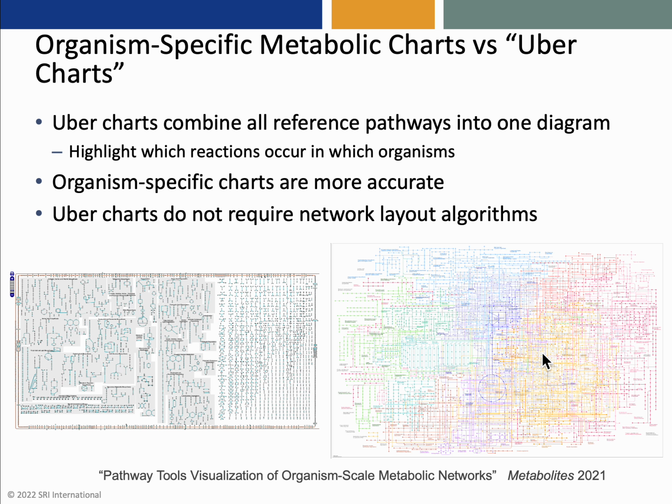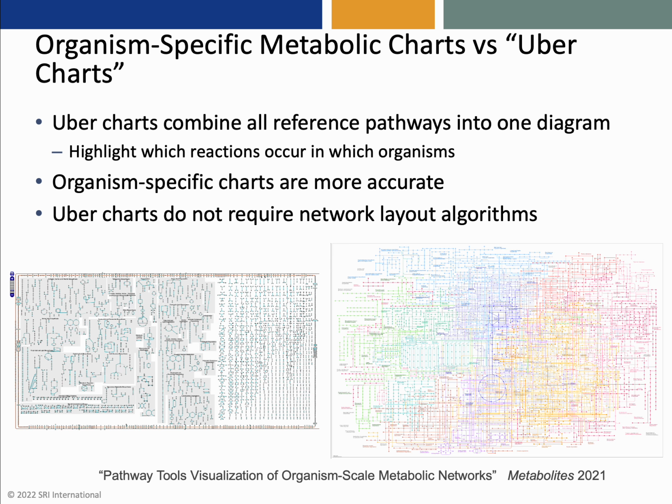So that can be useful. It can be useful to combine them into one diagram if you want to be able to see, for example, what fraction of all known pathways are present in a given organism. Another advantage of creating the Uber charts is that you only have to draw them once.